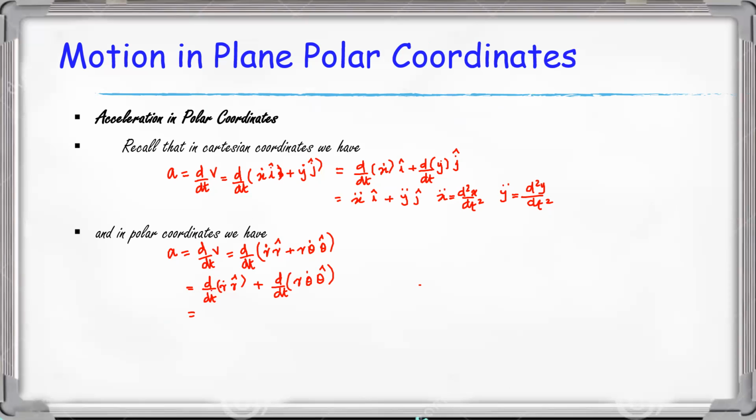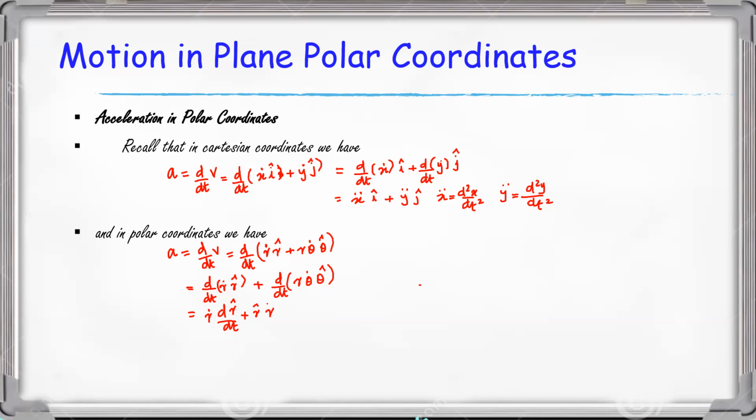So here r dot and r cap both are time variables, so we have to use the product rule here. Then r dot times dr cap by dt, the first quantity, plus r cap times d by dt of r dot.